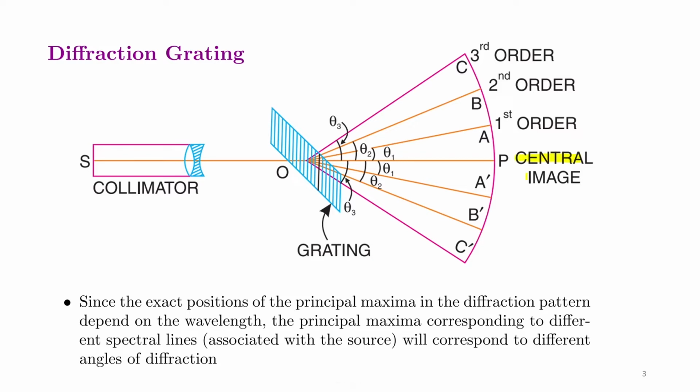We have a central maxima, and the different orders of the spectrum will be placed on either side of the central maxima. Since the exact positions of the principal maxima depend on the wavelength, the principal maxima corresponding to different spectral lines associated with the source will correspond to different angles of diffraction, as you see in this figure.